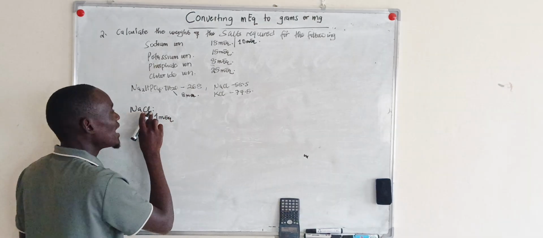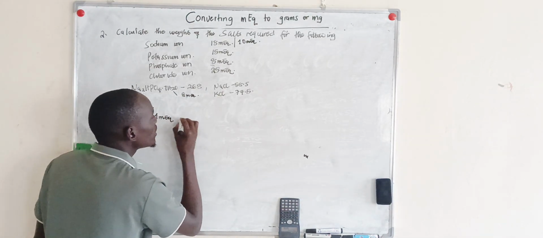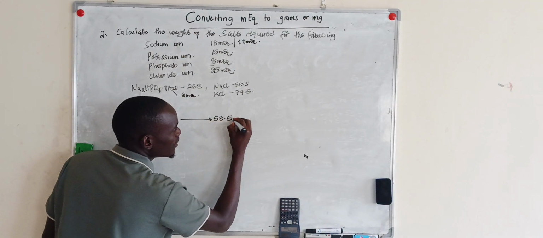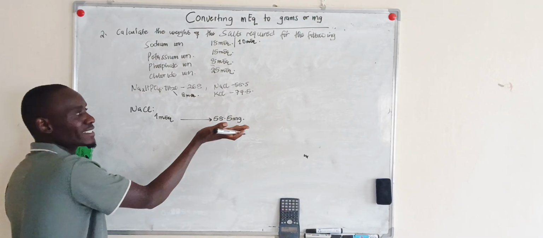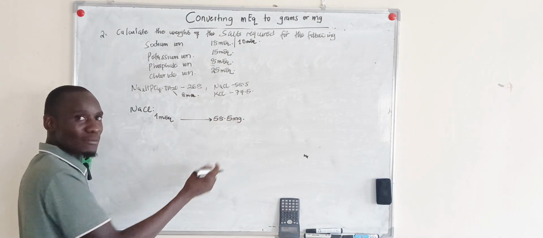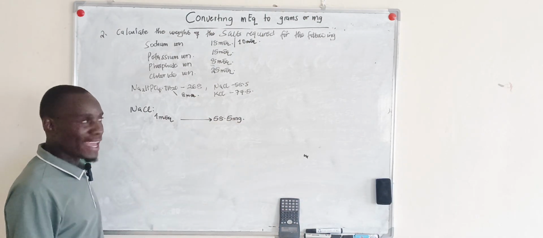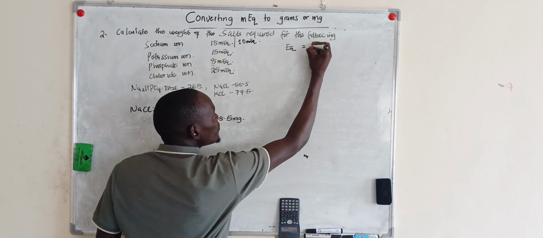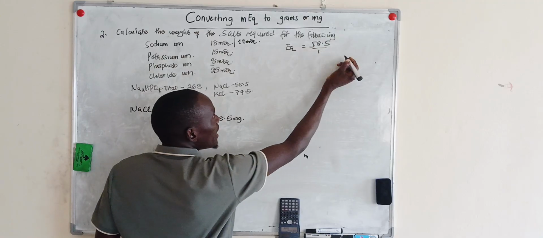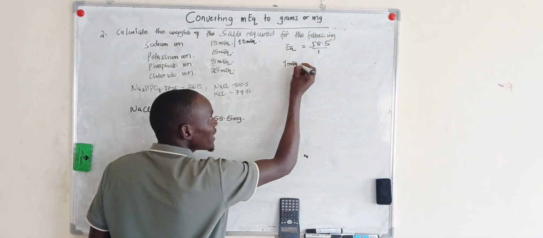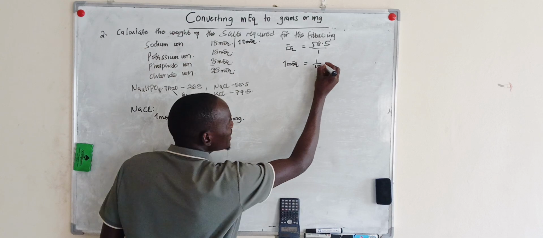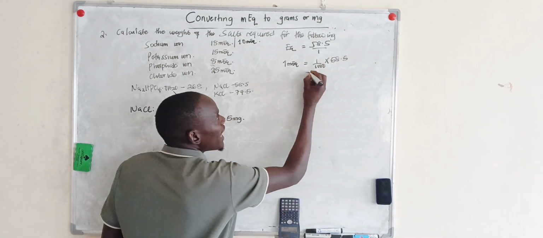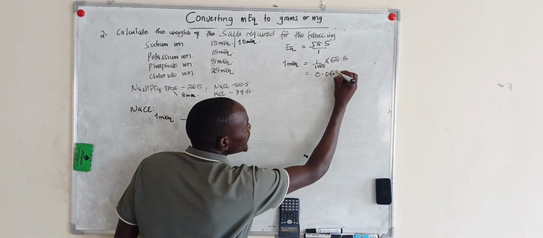So for sodium chloride, we are going to say if 1 milliequivalent each of sodium ion and chloride is contained in 58.5 milligrams. I think when I simply write the 58.5 milligrams, you can now get to know where I am getting it. Because we have said that the equivalent weight of sodium chloride will be 58.5 divided by 1. So 1 milliequivalent is 1 out of 1000 times the equivalent weight, which is 58.5, and this will give you 0.0585.